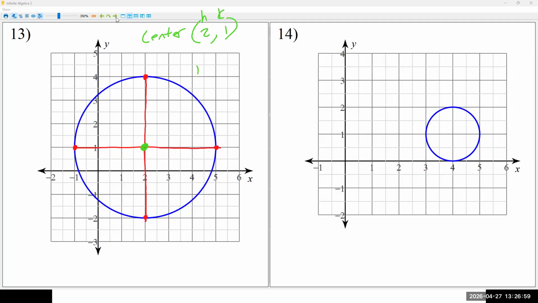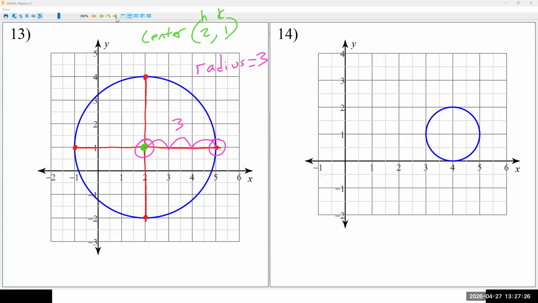The other thing I want to know is the radius. I don't need to do anything weird. All I'm going to do is count. How far is it from here to here? Or the top, or the bottom, or the left? Doesn't matter. Well, it's 1, 2, 3 units. The radius is 3.